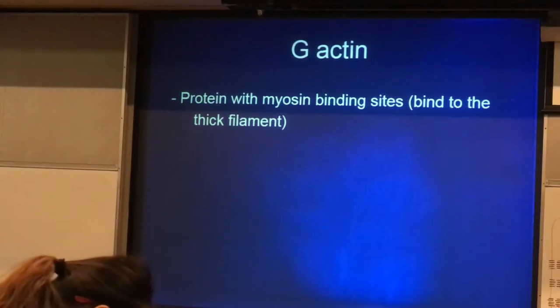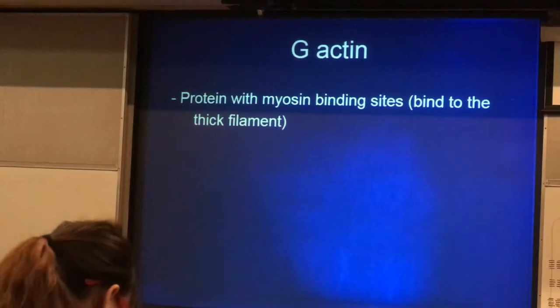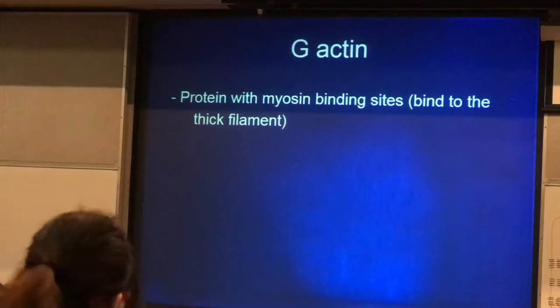So I'm going to put this one, I'm going to make it shaded so that you understand that this is a different strand.